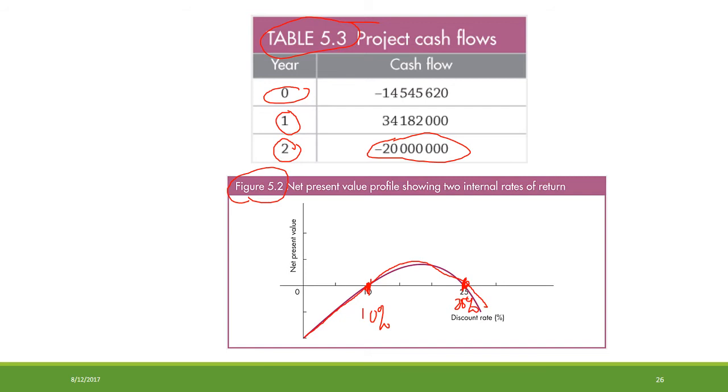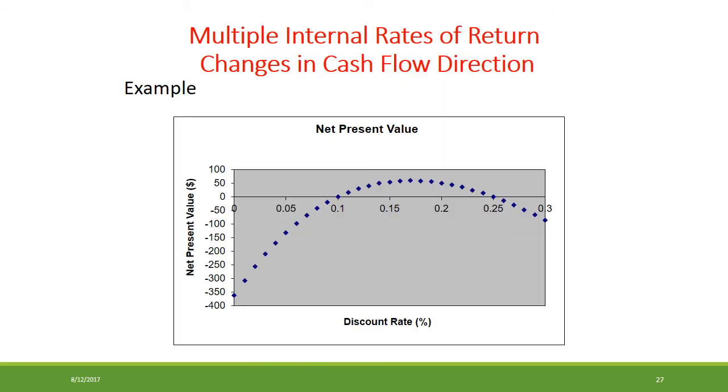So I can't really pick any of these numbers, because they are both correct. So in this case, I can't really use the IRR method to evaluate this project. This is similar to the example before. In this case, we have at least 2 times where the sign of the cash flows changes.